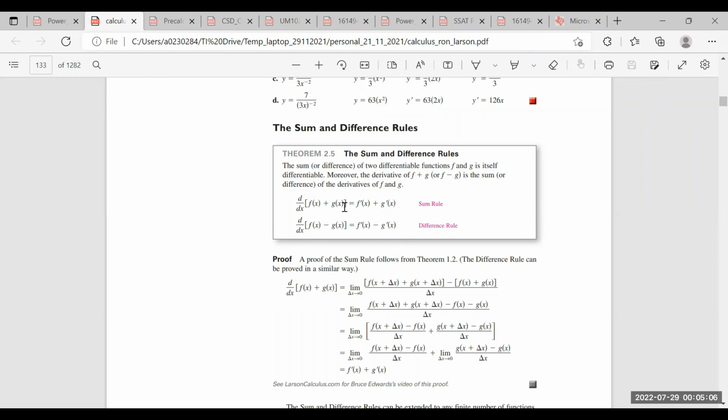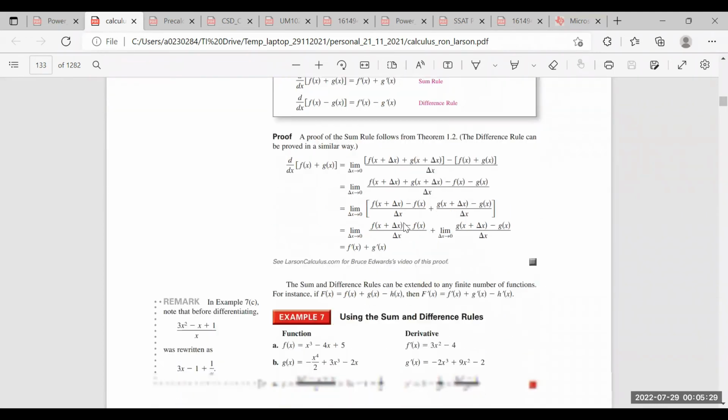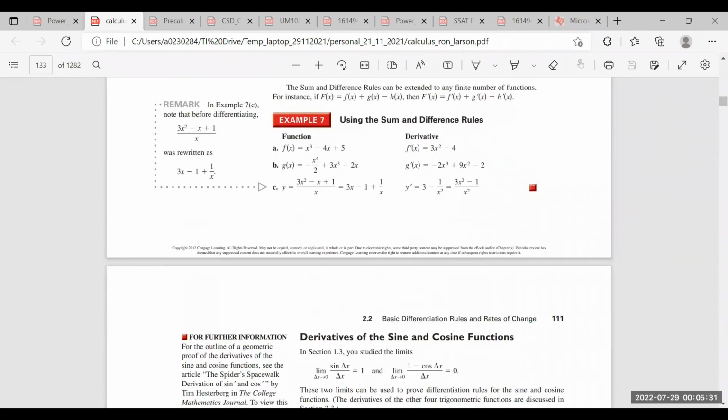So d by dx of f of x plus g of x is f dash of x plus g dash of x, and d by dx of f of x minus g of x is f dash of x minus g dash of x. The first one was the sum rule, the second one is the difference rule. Does that make sense? Okay, some examples here. Go ahead, try it out.